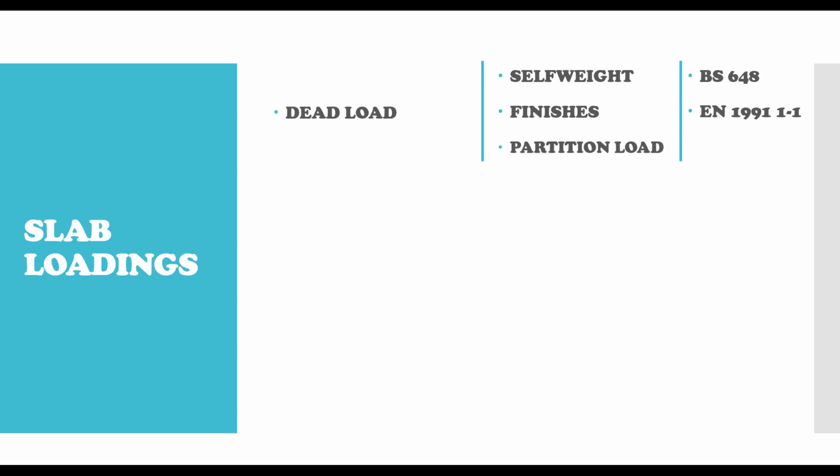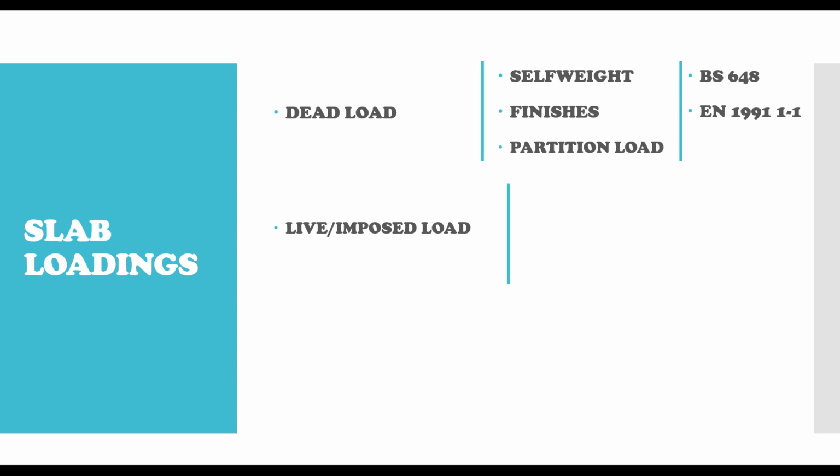Another kind of loading that we also consider in a slab is the imposed load. This is general for buildings. Imposed load is also known as the live load. This is actually based on the purpose of the building. If the building is a commercial building, the load is going to be different from if the building is a residential building, depending on the purpose.